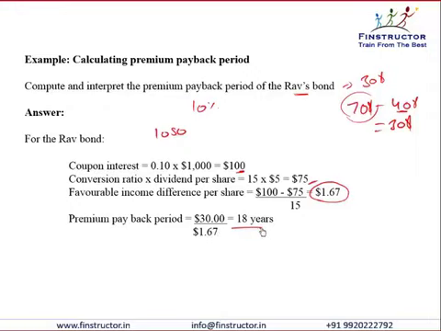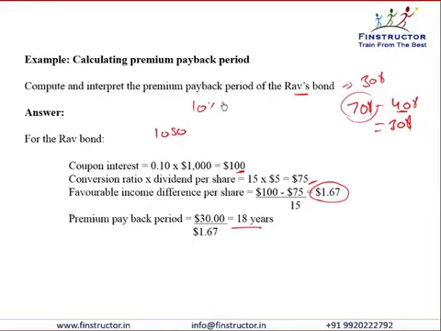So if you are not expecting the stock price to go up, then it may not be a very good idea to buy this convertible bond. Or even if you're expecting it to go up, it may be a good idea to buy the equity directly, because if you're buying this bond just for equity upside, then it may not be a very good idea, because you're paying a huge premium over the regular stock price of the bond.